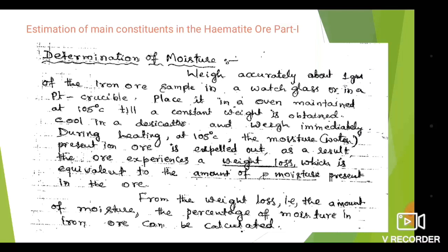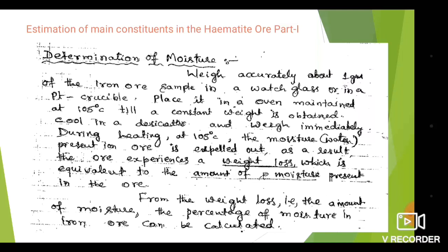Then the first determination is the estimation of moisture. How can we estimate the moisture present in the given ore? Weigh accurately about 1 gram of the iron ore sample in a watch glass or in a platinum crucible. Place it in an oven maintained at 105 degrees Celsius till a constant weight is obtained.